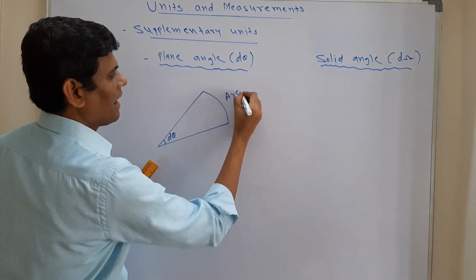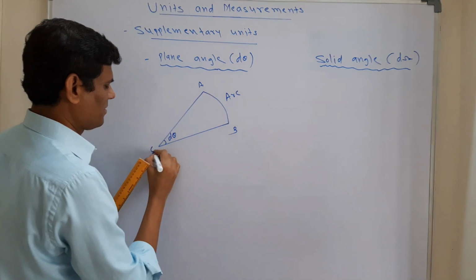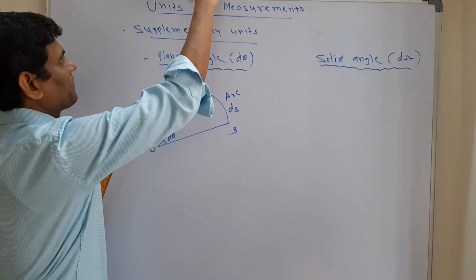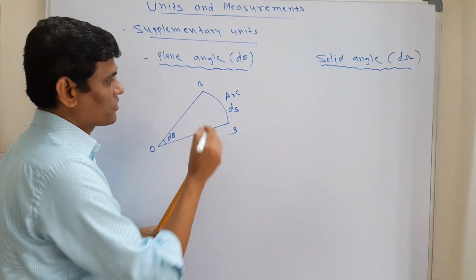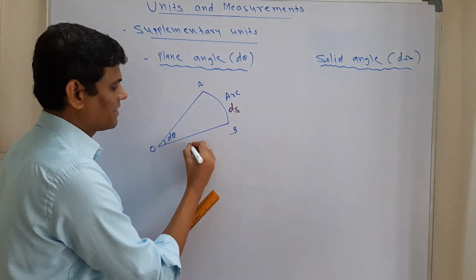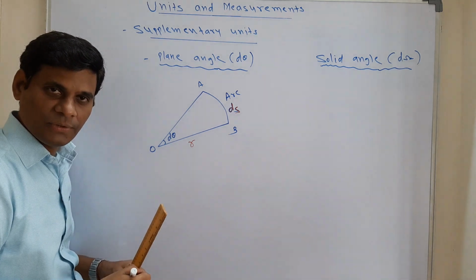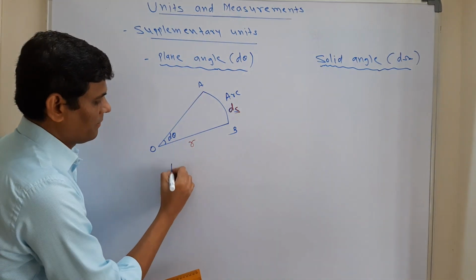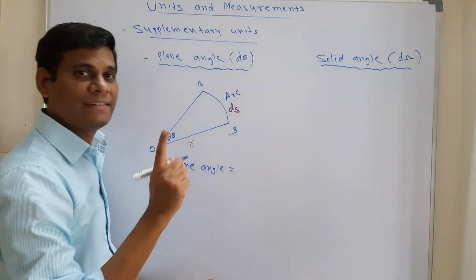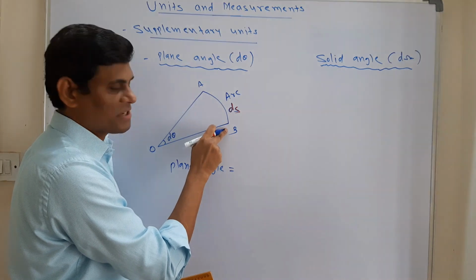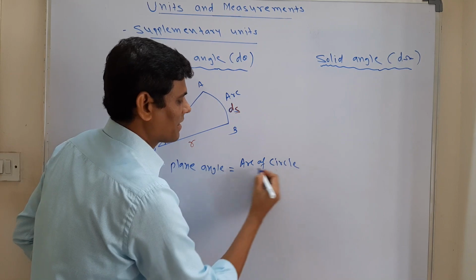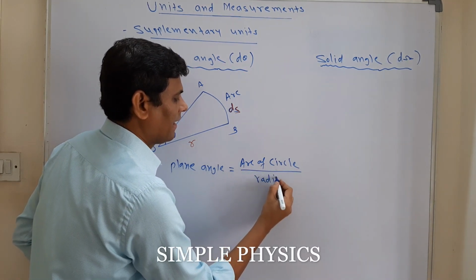This is, we can say, arc AB, with center O. This arc is given by delta S. Fine. The length of this arc is delta S. And the angle we have is d theta. And say radius is equal to R. Okay. Then plane angle is a ratio of arc of a circle upon a radius.